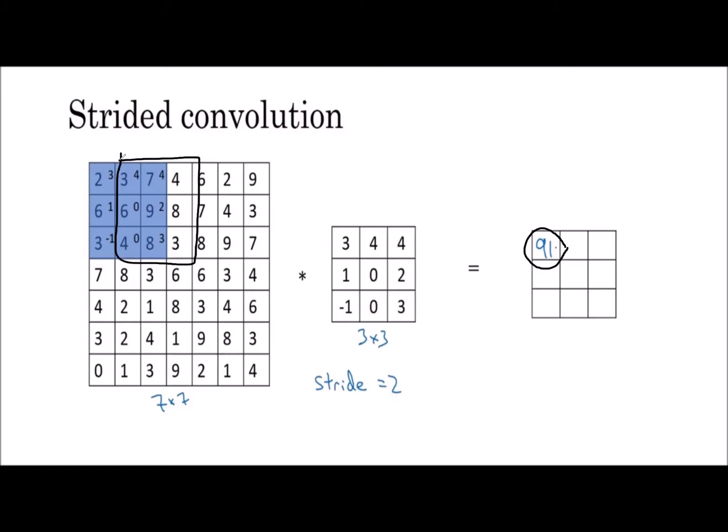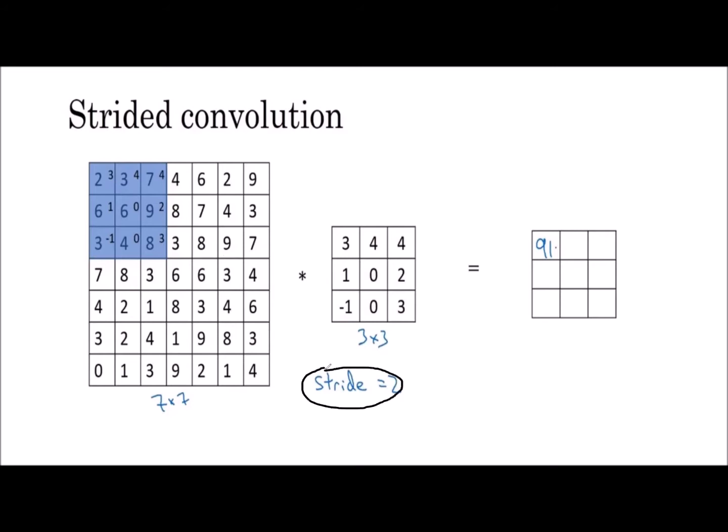I am calling a 3 by 3 image pixel matrix a small patch. But instead of applying the filter to this patch, I am skipping 1 pixel and applying the filter to this image patch. Then we say the stride for this convolution is 2.